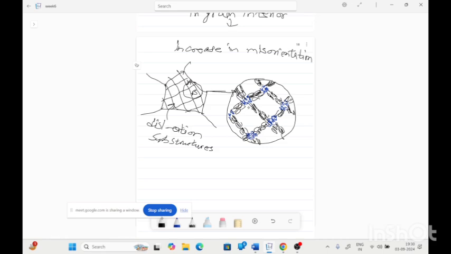The structure looks like this if we zoom out this dislocation substructure.